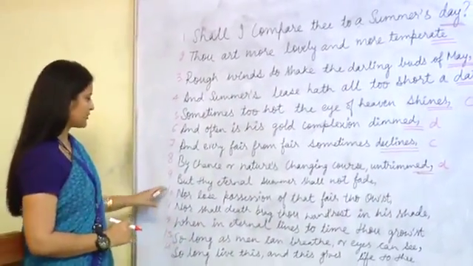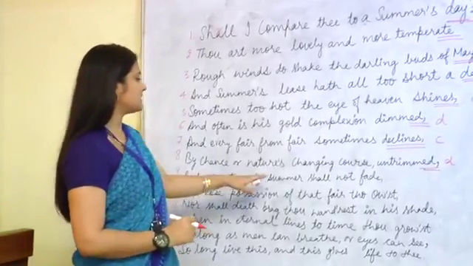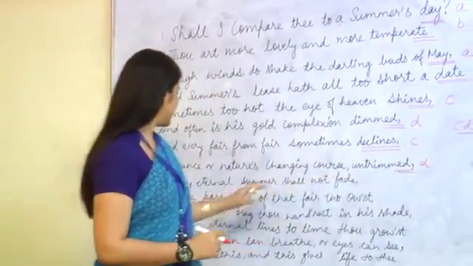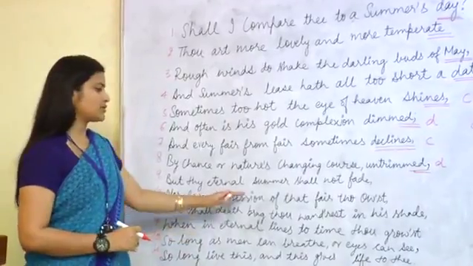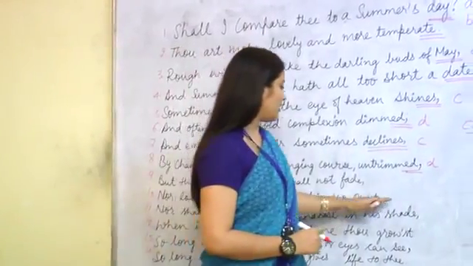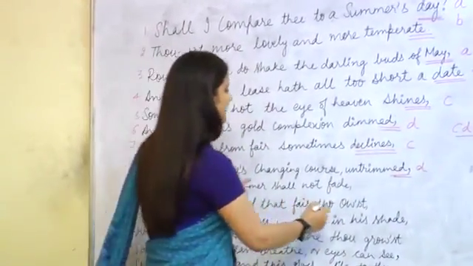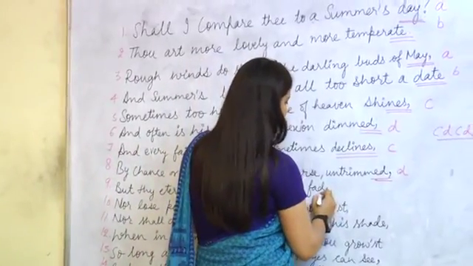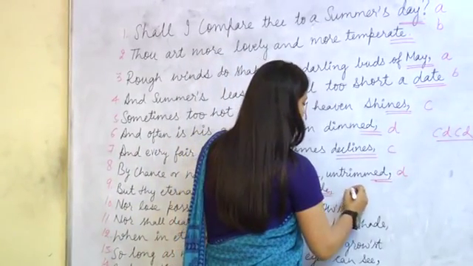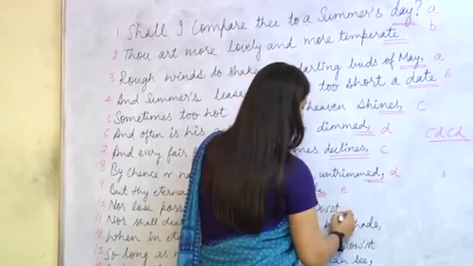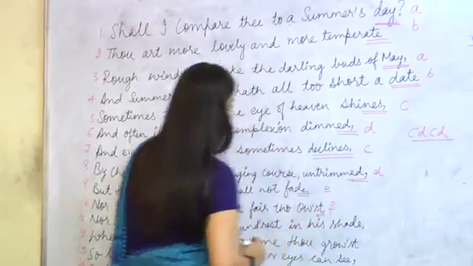Coming to the next portion, "But thy eternal summer shall not fade, nor lose possession of that fair thou ow'st." Here again the rhyming scheme has changed. Let's place E for this and F for this.